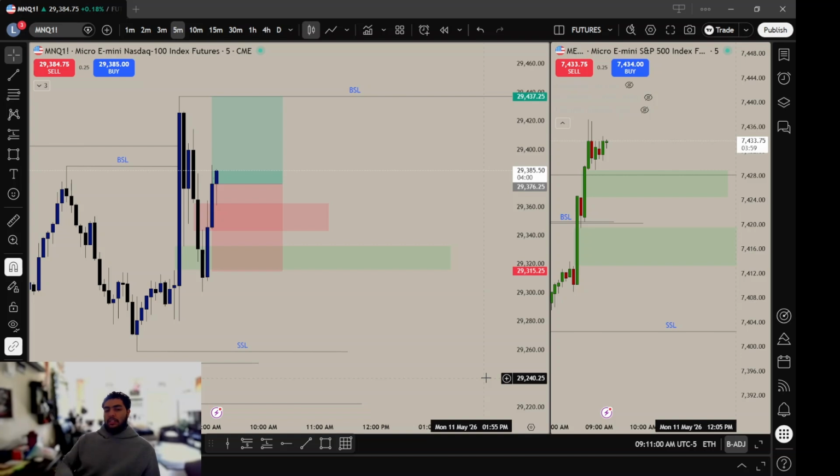I'm not gonna take the long just because it disrespected that bullish fair value gap, so we don't have any confirmation that it really is gonna go up. I mean, we're in all-time highs on the market right now, so it's just gonna be honestly luck and gambling. But I'm not gonna be entering in the trade.